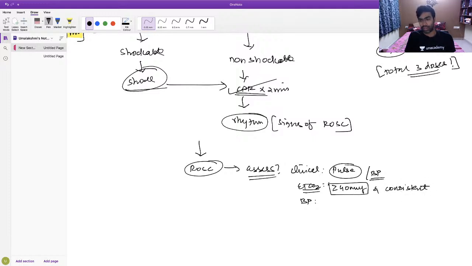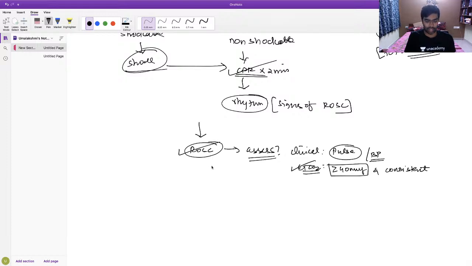So assessing the pulse, assessing the blood pressure, or probably the patient will become responsive once again. And if ETCO2 becomes more than 40 and remains persistently more than or equal to 40 millimeters of mercury, once again you can tell that the patient has achieved ROSC.